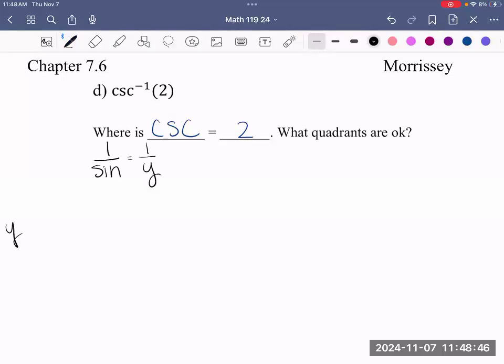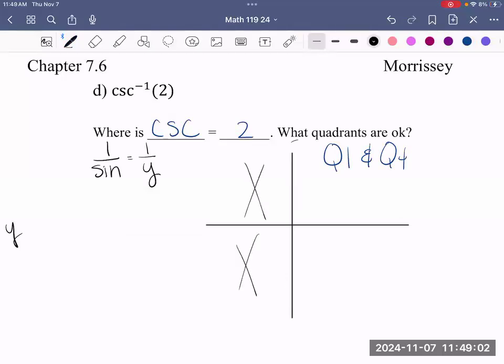For sine, at the very least, we are working with quadrant 1 and quadrant 4. So let's make a quick little chart. We know that these two quadrants are not okay.